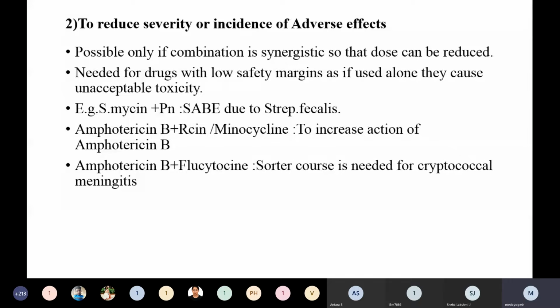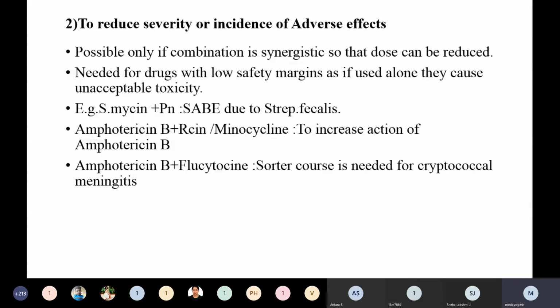So if you are using them alone, you have to use them in a higher dose, and that can cause unacceptable toxicity. Example, streptomycin is a drug having a low therapeutic index or low safety margin. So you combine this with penicillin.